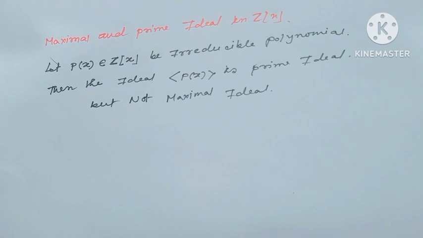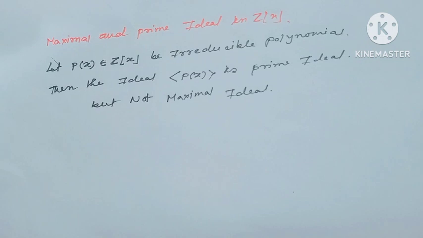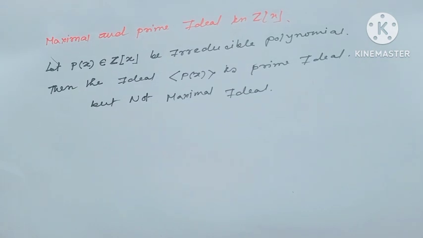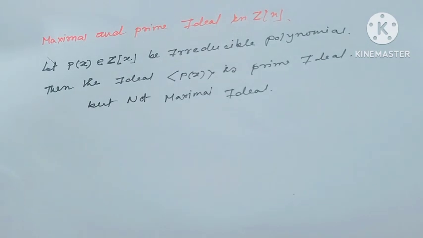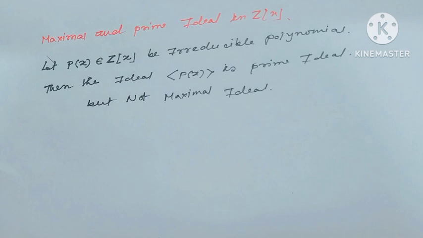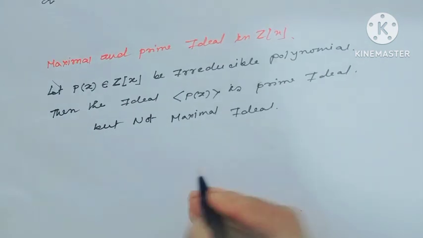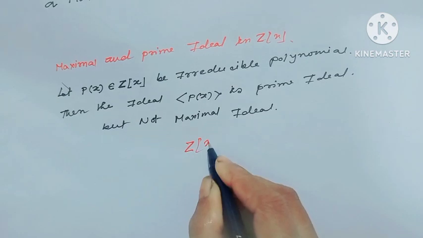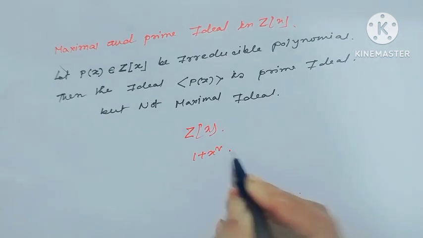That means if the polynomial in Z[x] is an irreducible polynomial, then the ideal generated by this irreducible polynomial is a prime ideal but not a maximal ideal. Why? Notice, in Z[x] consider the polynomial 1 plus x square.